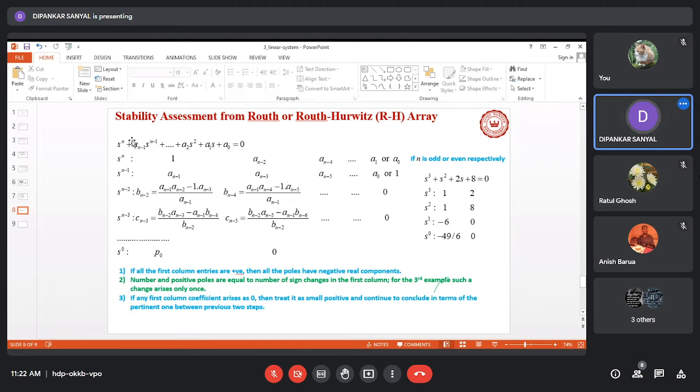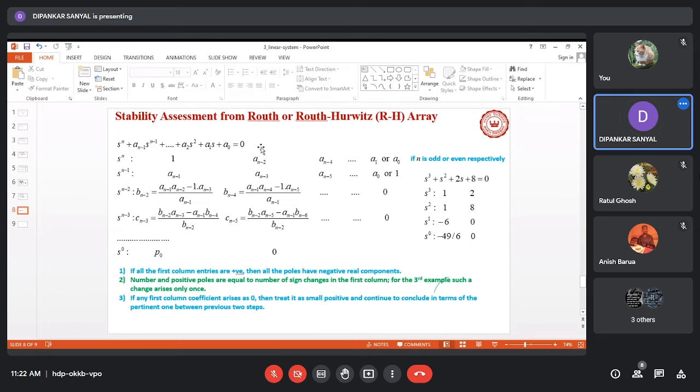But if it is of the order 7, then it is the coefficient of s to the power of 7, coefficient of s to the power of 5, coefficient of s cube, coefficient of s, and after that we won't be having any. So whether we stop at a1 or a0 depends on whether n is odd or even. So that is what has been written here.